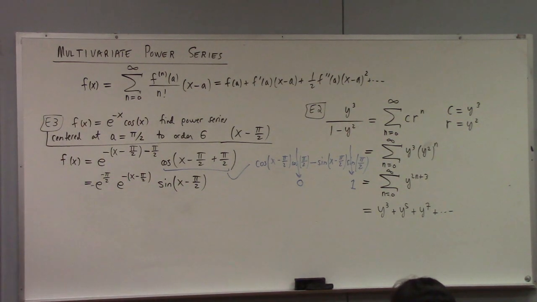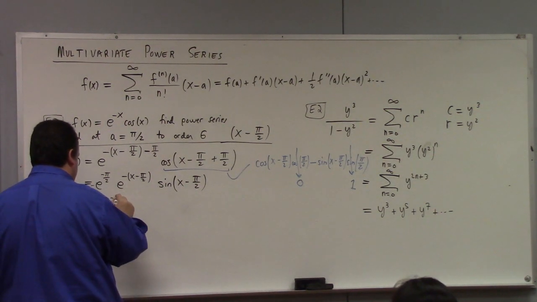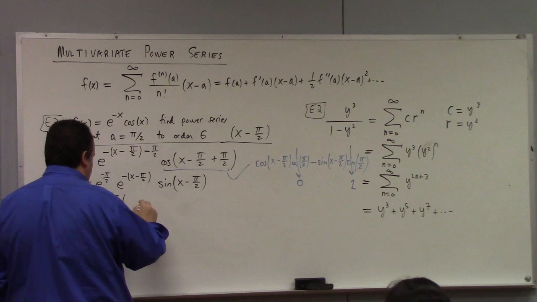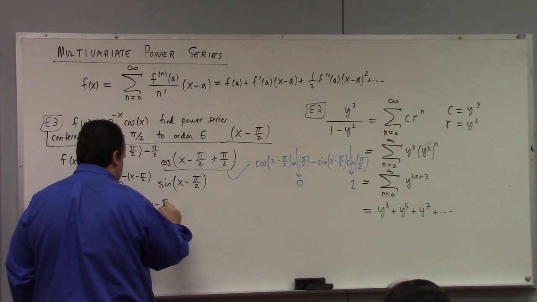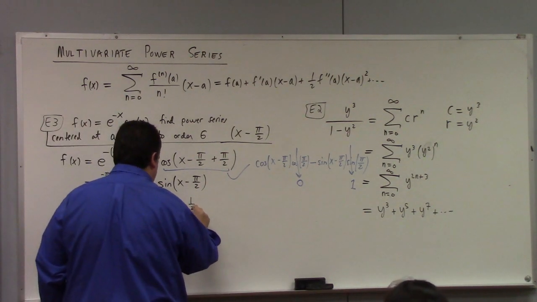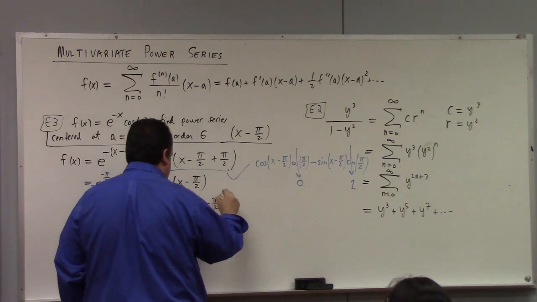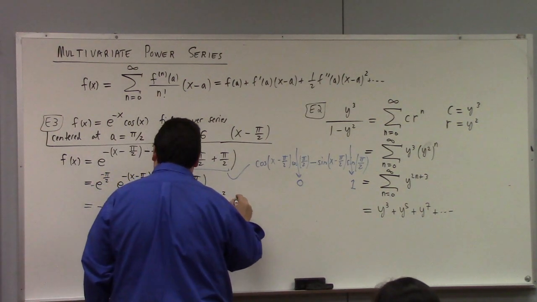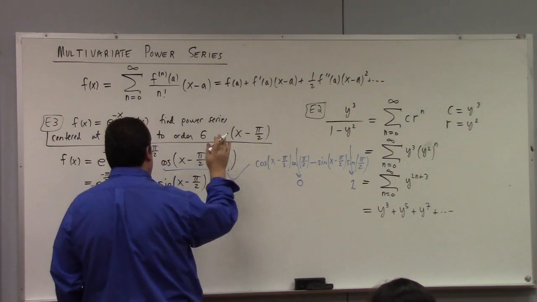And so what I have is a minus e to the minus pi over 2, I'll leave that out front. And this one gives me 1 minus x minus pi over 2, plus 1/2 x minus pi over 2 squared.